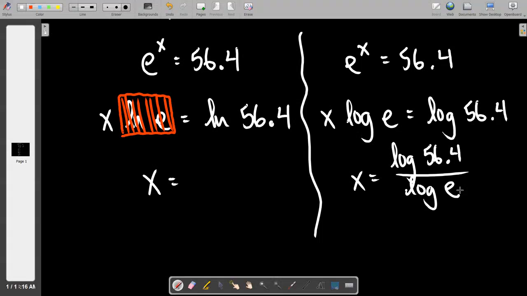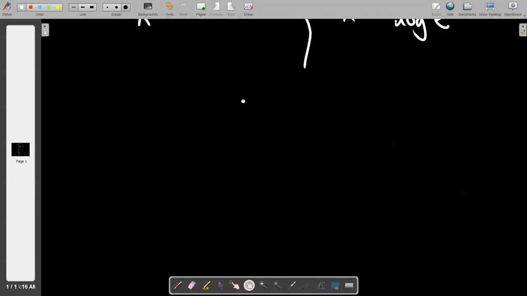You guys having a hard time finding your E buttons? On my TI 84, I have a button right above the division sign. But again, a lot of you have the TI 30s. And on the TI 30, a lot of you have a button, I think, that says e to the x. Do you see it?